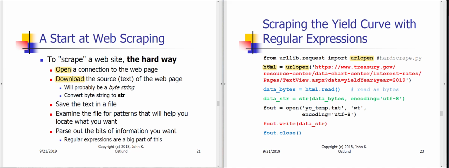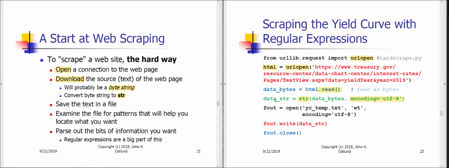What we get back is the connection to that website, and from that connection we can read the data. Now the data comes back to us as what's called a byte string. We need to convert that byte string into an ordinary string by using the string conversion function and specifying that the encoding of the byte string is UTF-8. That's the most common coding format for documents on the web.